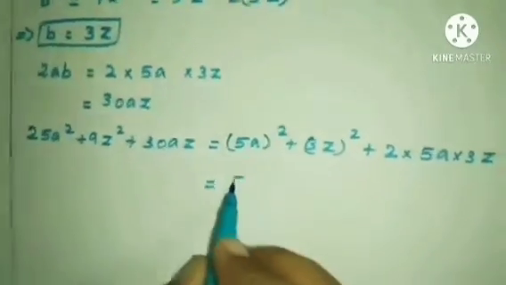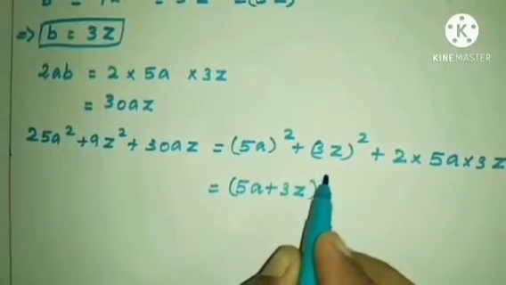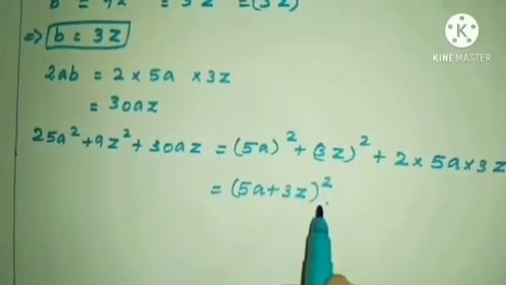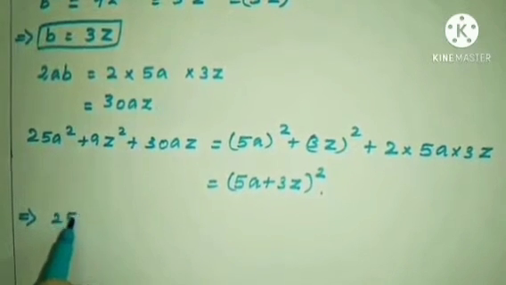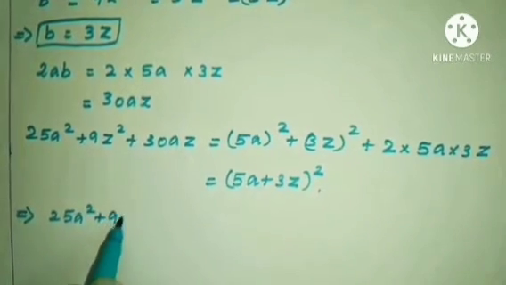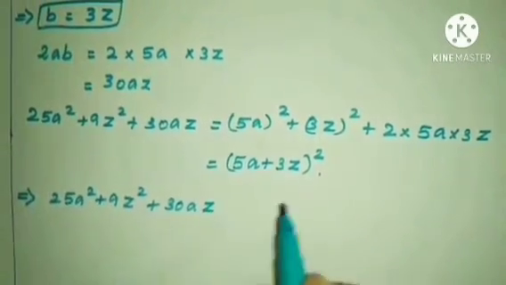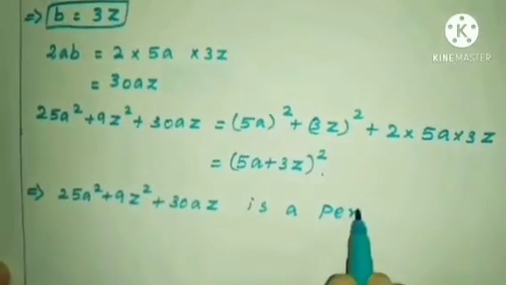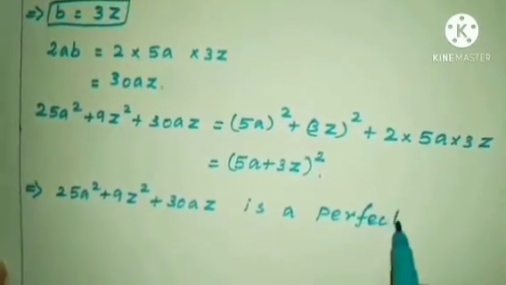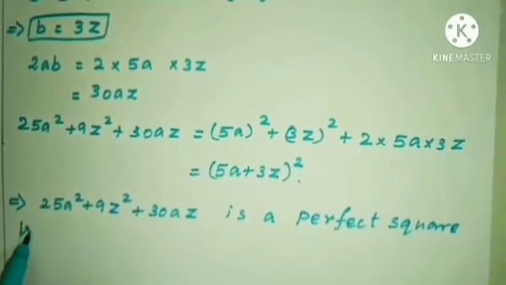It can be written as (5a + 3z)². This implies 25a² + 9z² + 30az is a perfect square trinomial.